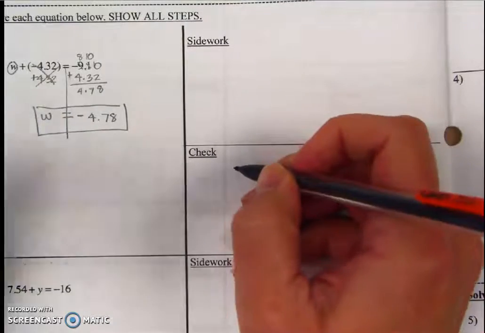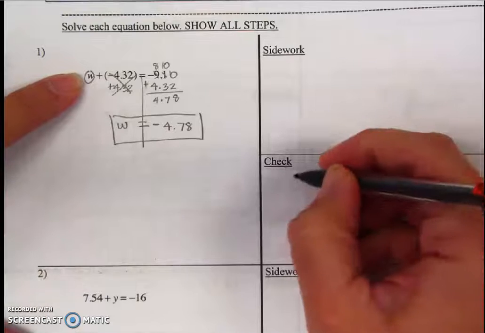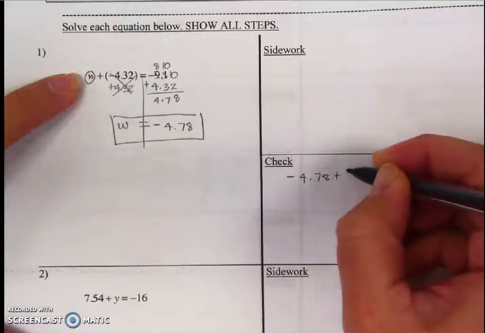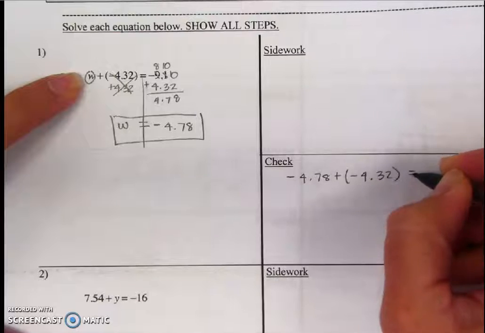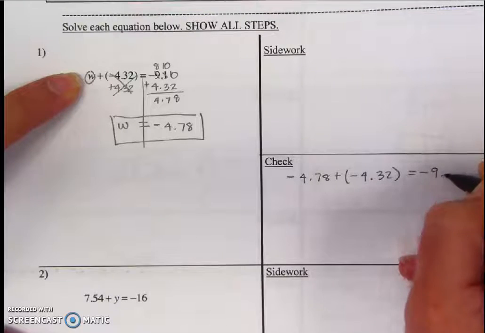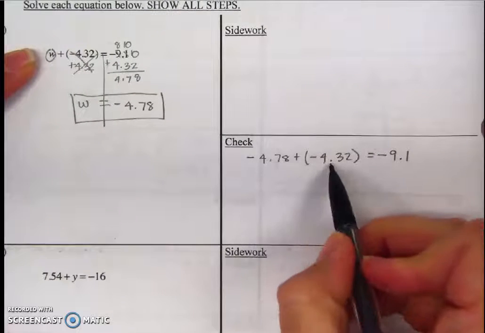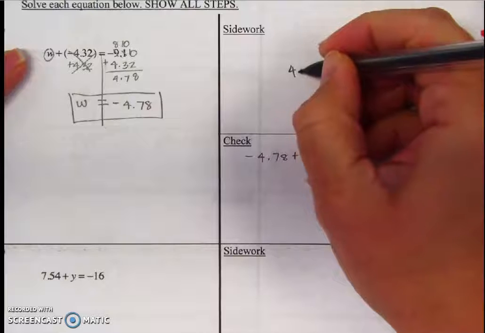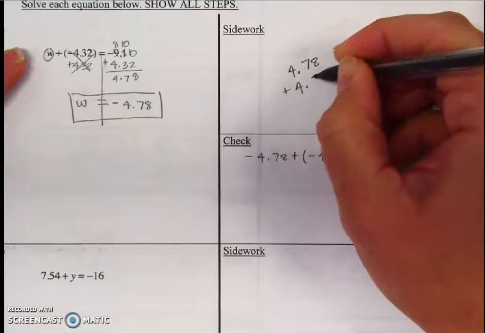But remember, we always have to check. So over here, I'm going to replace the W with my answer. I'm going to write negative 4.78 plus negative 4.32, and it should come out equal to negative 9.1. Here I see a negative plus more negatives, and so that tells me I'm going to add. Now here's where I'll use that side workspace, 4.78 plus 4.32.